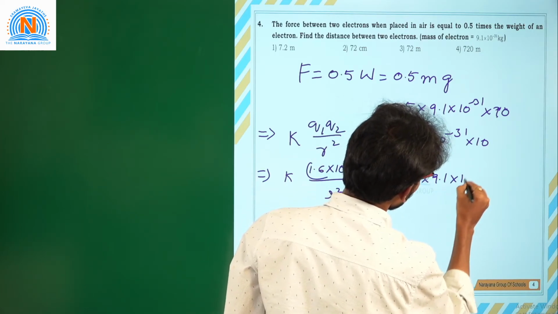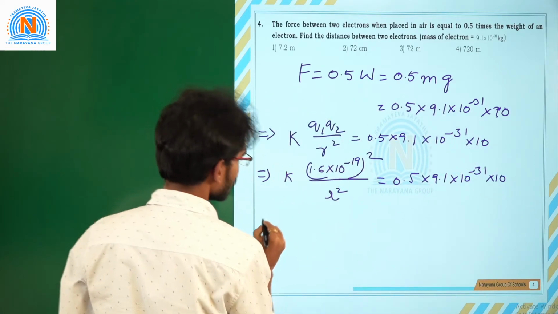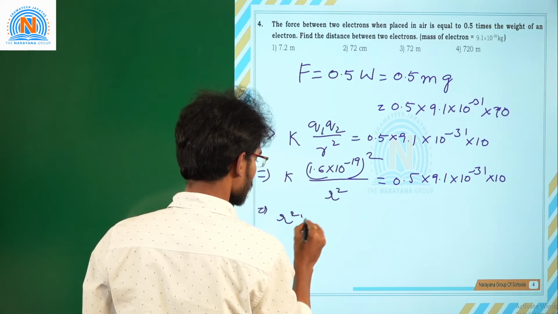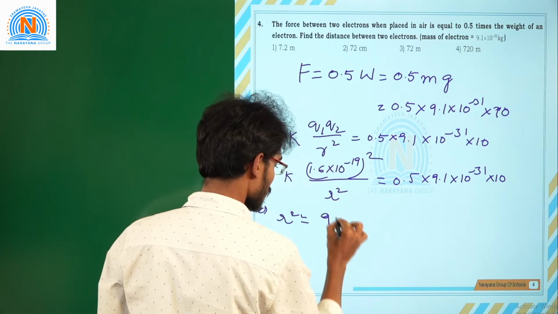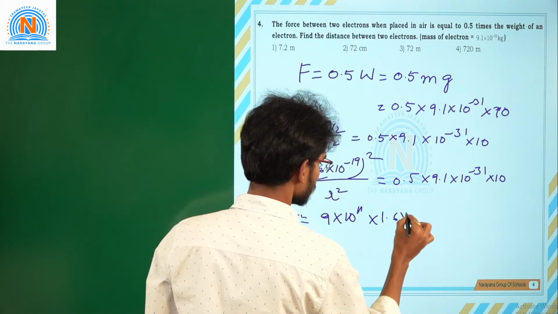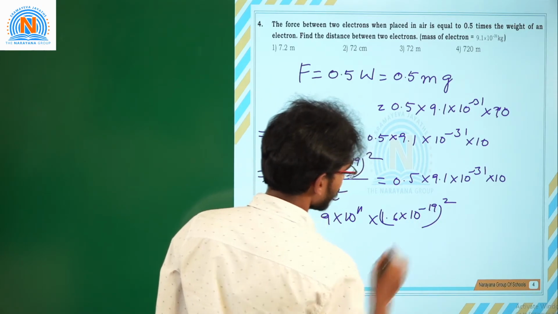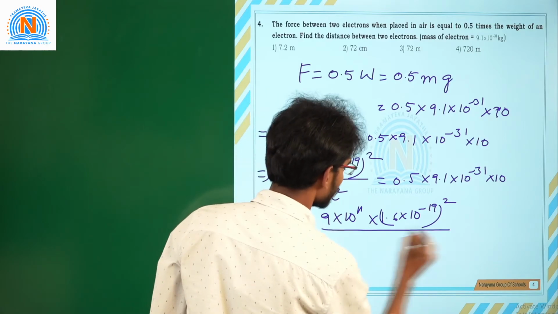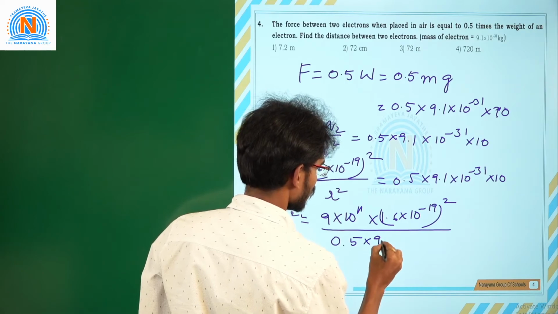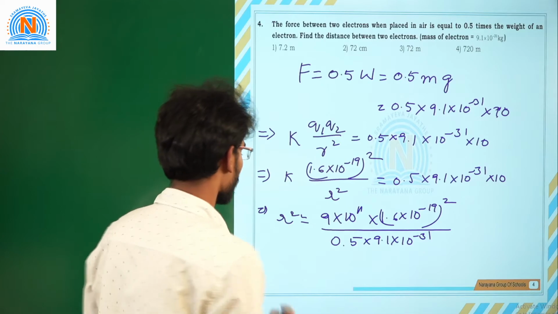From this equation, we can write the value of R square as K, 9 into 10 to the power of 11, into 1.6 into 10 to the power of minus 19 whole square, by 0.5 into 9.1 into 10 to the power of minus 31.